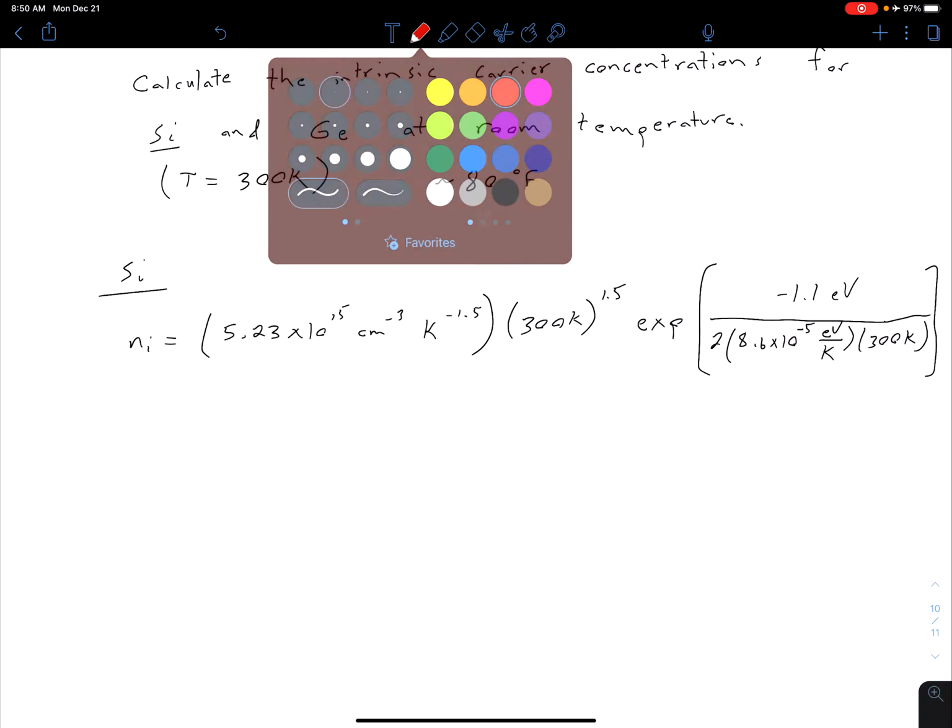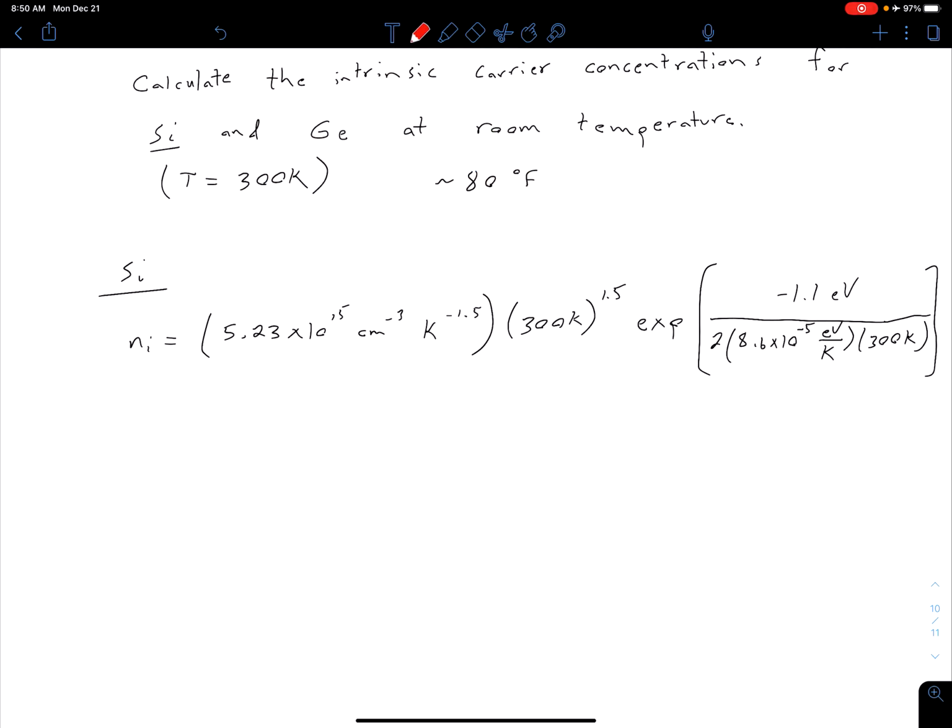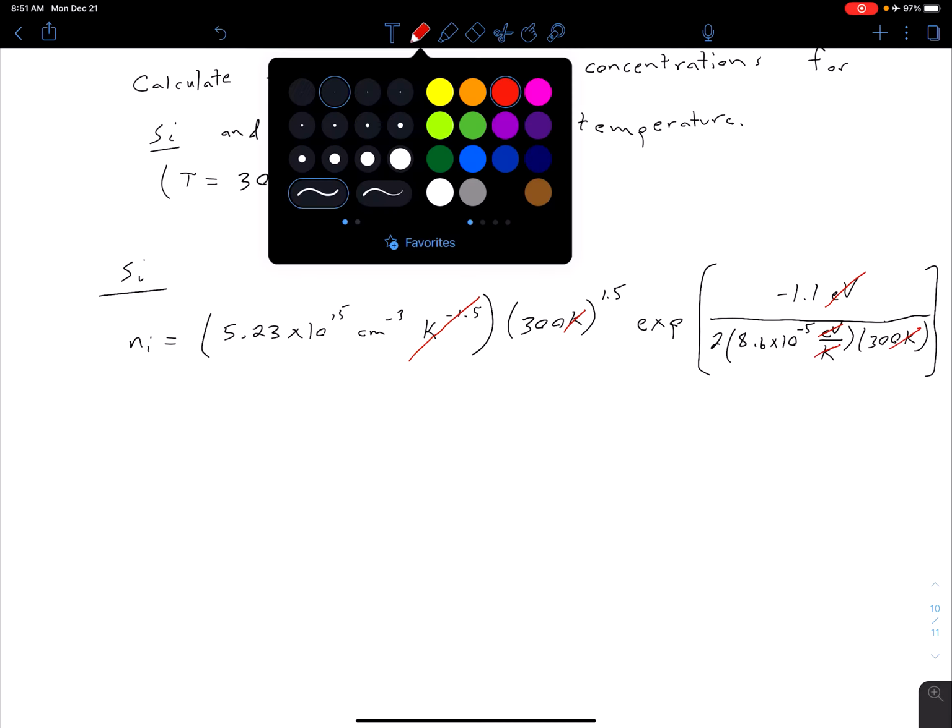Just real briefly, at least this first time, we can see our units canceling out. The K to the negative 1.5 cancels with the K to the 1.5. In the argument of our exponential, we want that to be dimensionless, and we see eV canceling with eV and Kelvin canceling with Kelvin, as we would expect.